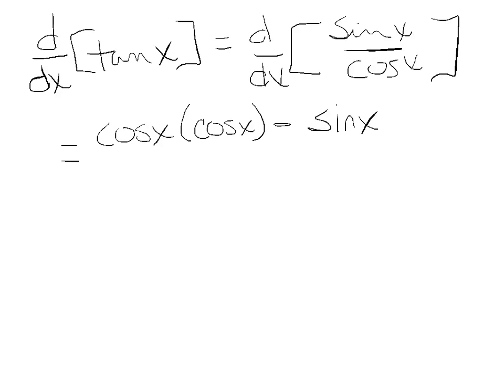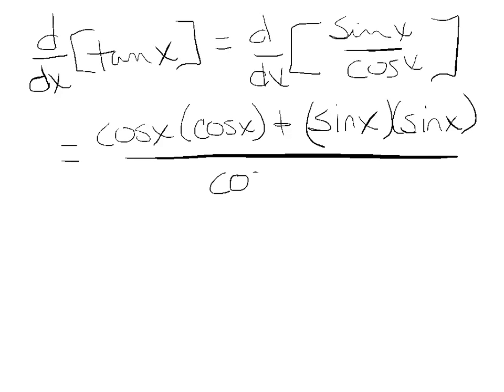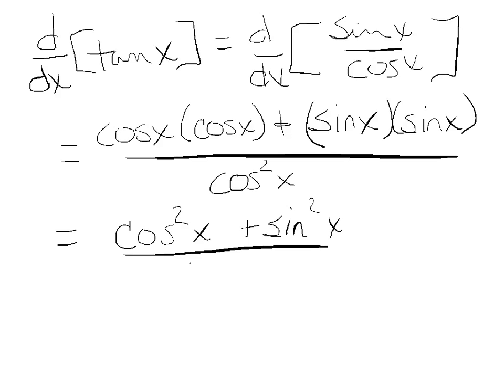And what's the derivative of the cosine? Negative sine. So this becomes a plus sine over the denominator squared. So we end up with cosine squared plus sine squared over cosine squared.